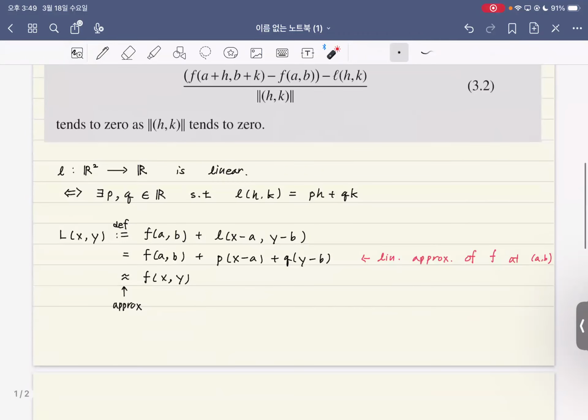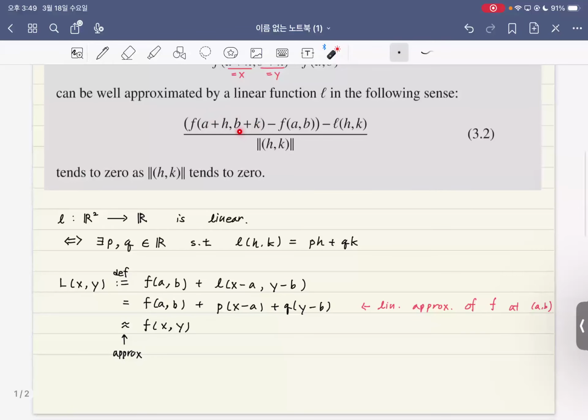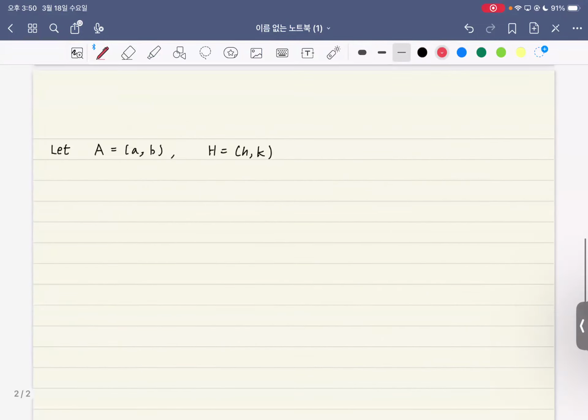Then this is a plus h, and this is a, and this is h, right? So this definition can be written like this.